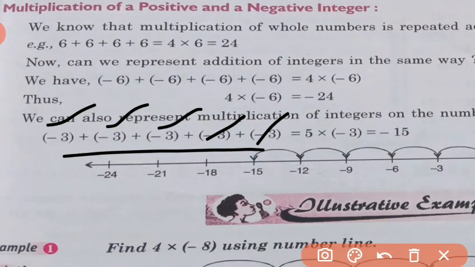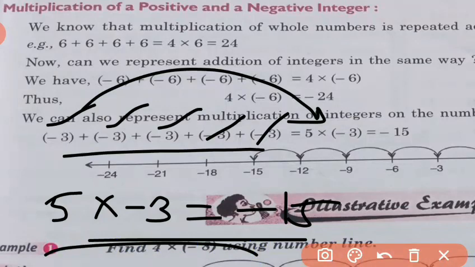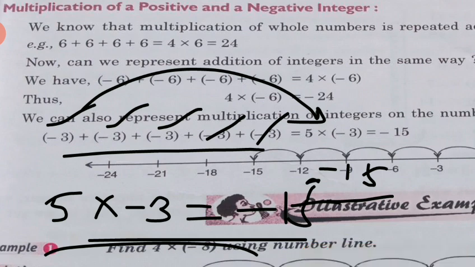So instead of adding minus 3 five times, we can directly write it as 5 into minus 3. So 5 3s are 15 and the sign will be minus as 5 is a positive integer and 3 is a negative integer. We have seen that if any two integers are of opposite sign, then the product, or the multiplication, will be negative.